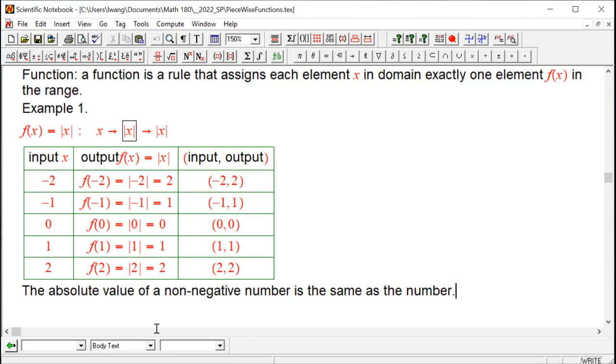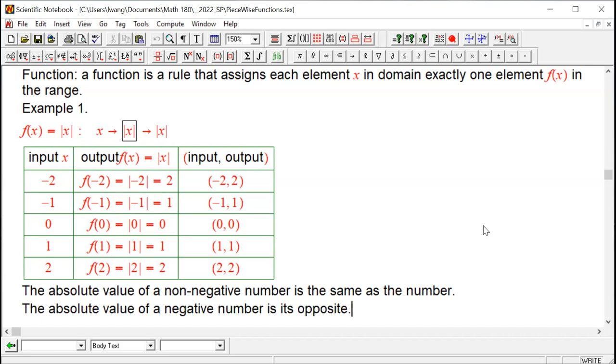This also says that for this function, if the input is a non-negative number, the output will be the same. And the absolute value of a negative number is its opposite.